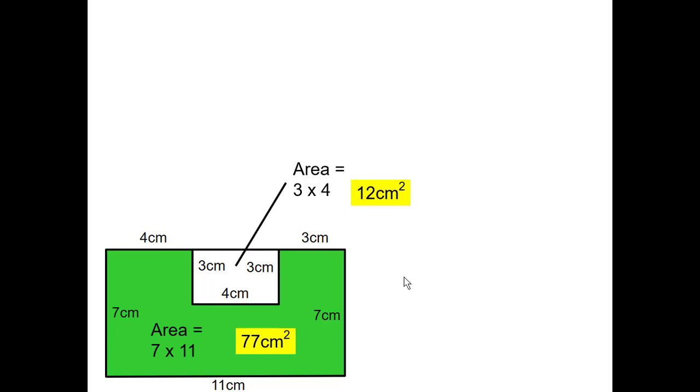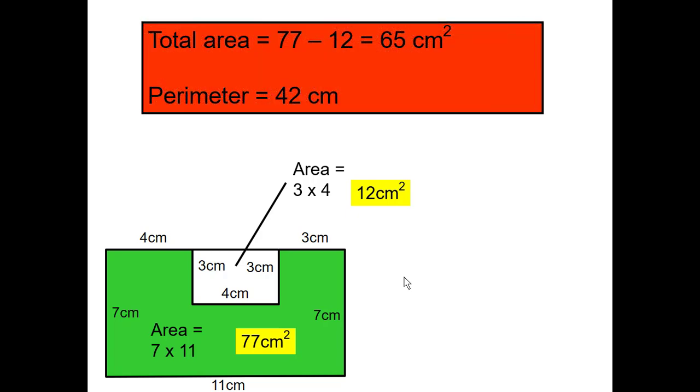And now, to find the area of only the green part, you take the area of the whole shape, 77, and take away the area of the smaller one, 12 centimeters squared, and you get the same answer like we got before, 65 centimeters squared. The perimeter stays the same.